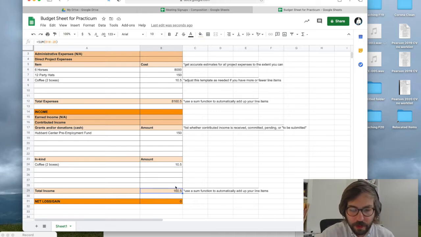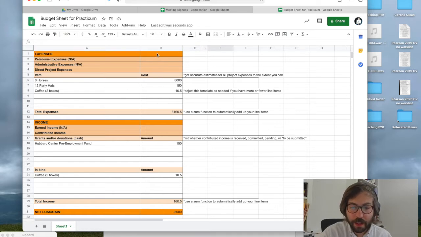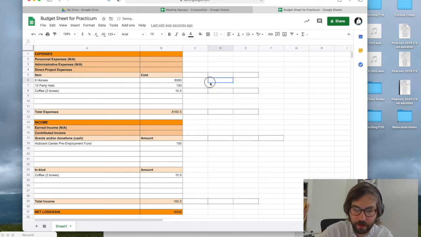Okay. And so now we have expenses added up, spent $8,000, we only have income of $160. And there's going to be a difference there, obviously. Looks like negative $8,000, which is not great. And again, you could just copy, delete all those.